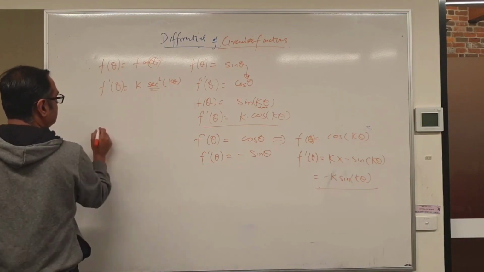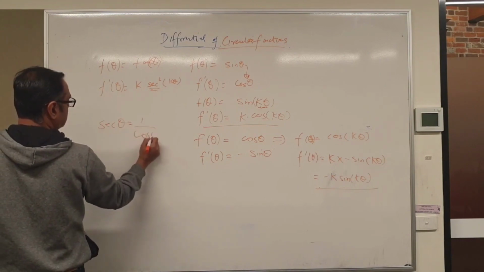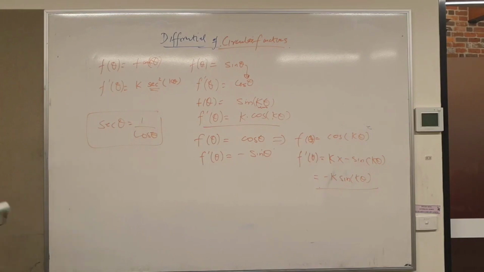Now secant theta is 1 over cos theta, basically. That's a new circular function that is used when it is a derivative. All good? Any drama so far? Anyone? No? All good?